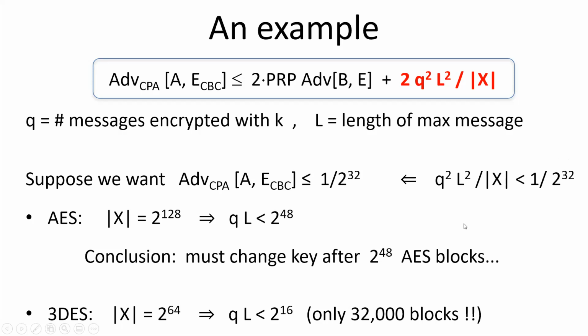Then I take a square root, and I get just 2 to the 16. And so basically, this is completely ridiculous, right? It's a very, very small amount. It makes no sense to only be able to encrypt so many blocks. So these things matter in practice.